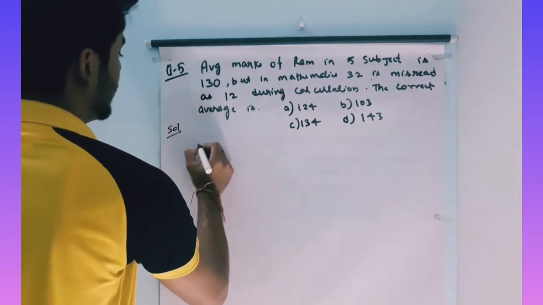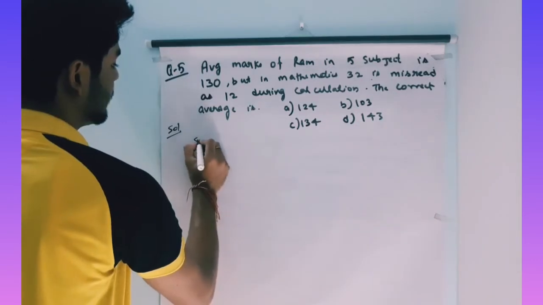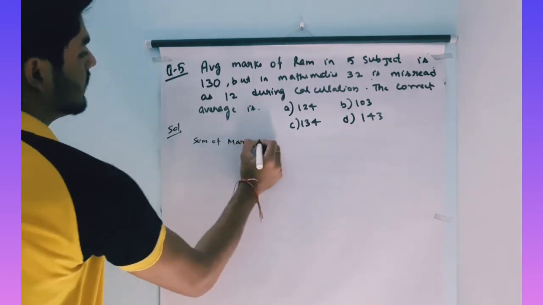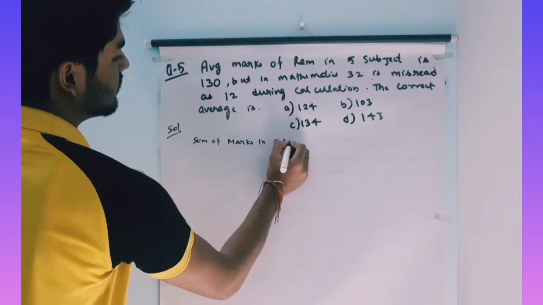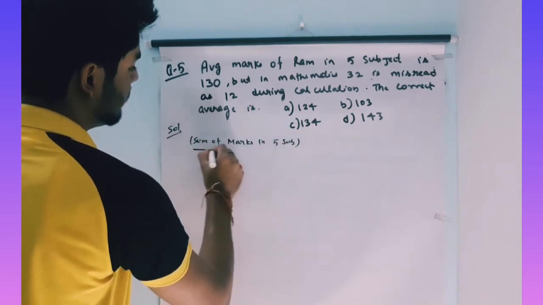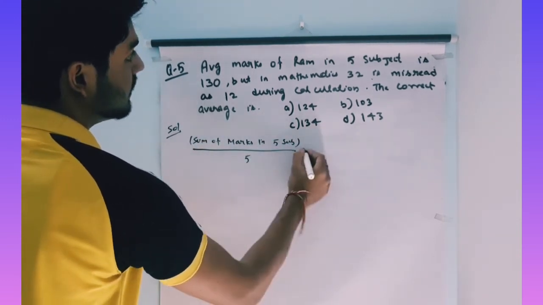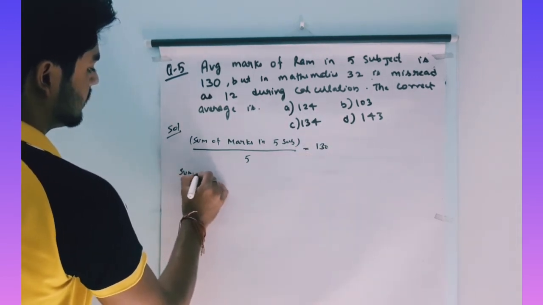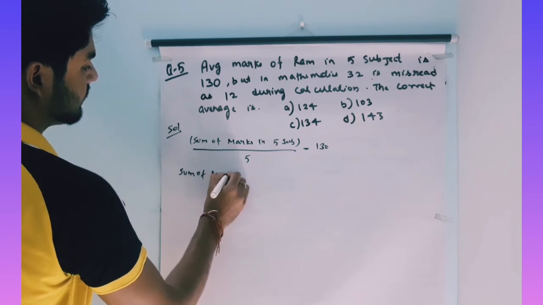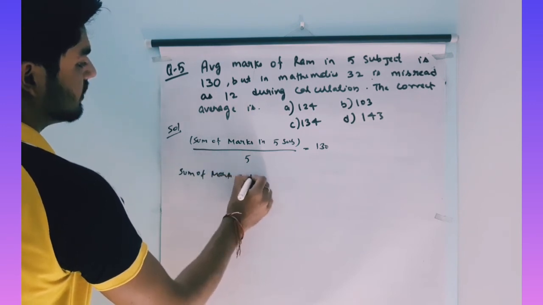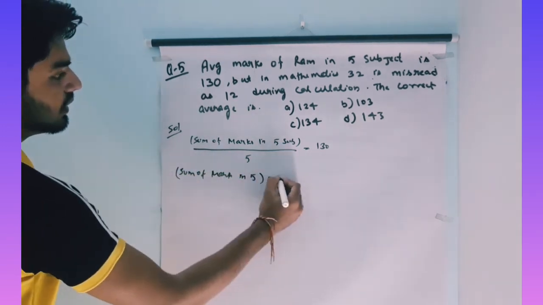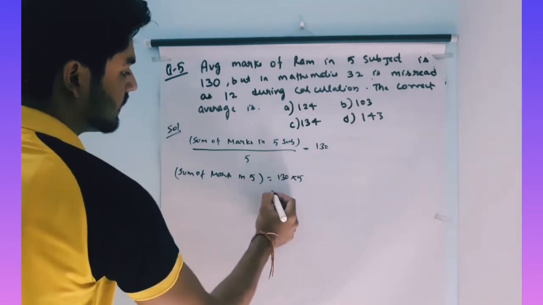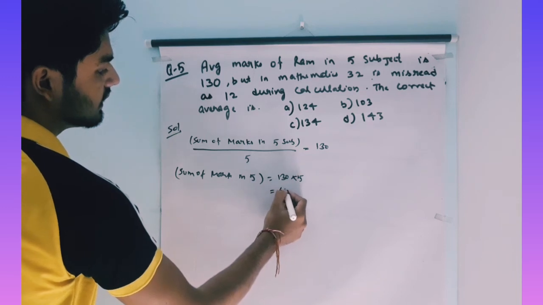So average marks is the sum of marks in 5 subjects divided by 5, given as 130. So the sum of marks in 5 subjects is equal to 130 multiplied by 5, which is equal to 650.